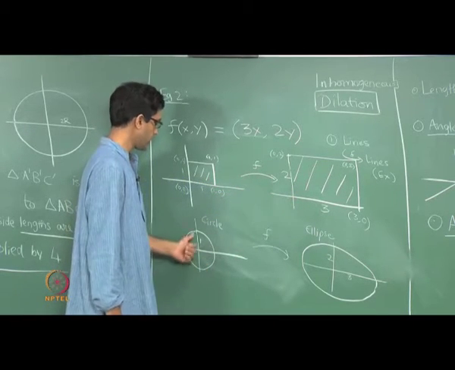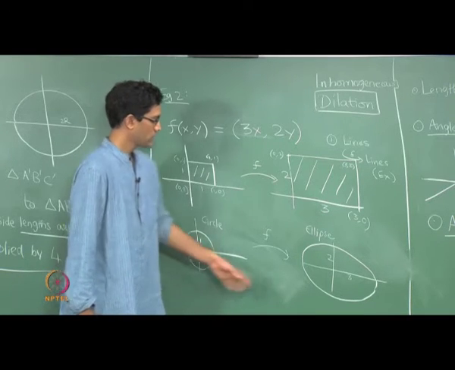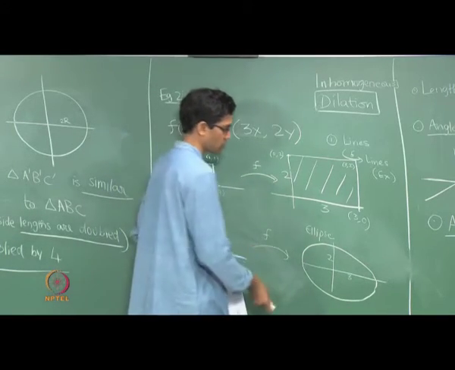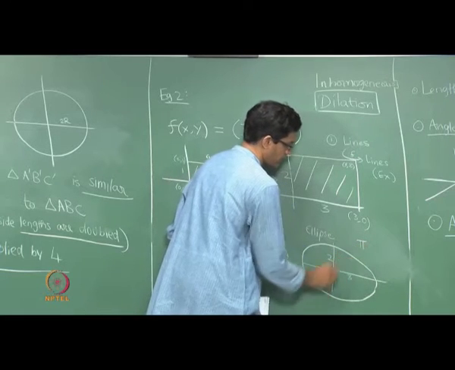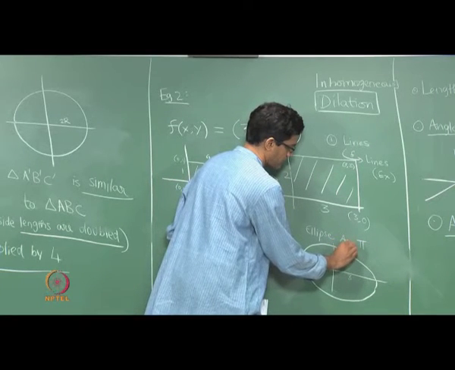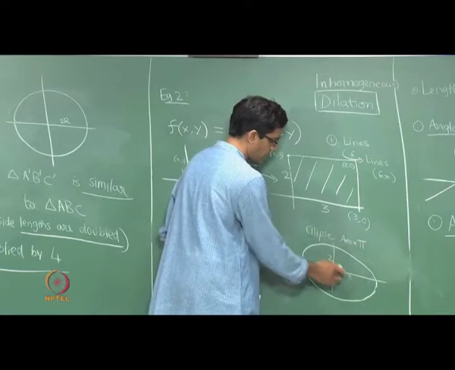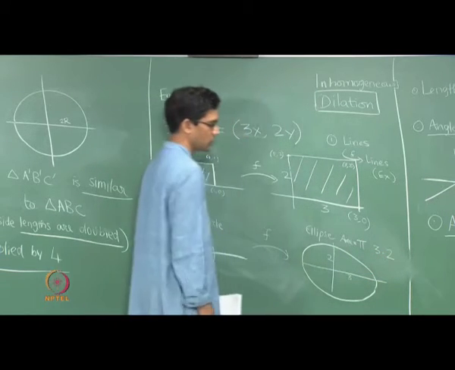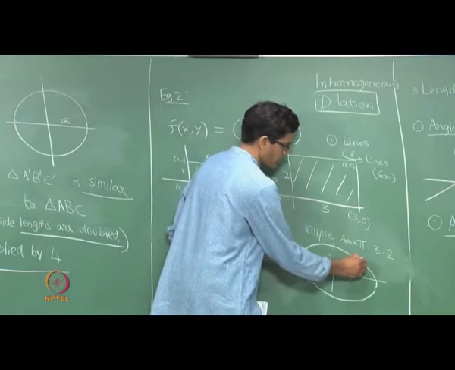Similarly, a circle here of radius 1 has area pi r squared, so it is pi, whereas the ellipse has area, well, it may not have a formula which is very well known, but the area of an ellipse, if you know the minor and major axes, turns out to be pi times, instead of r squared, a into b, where a and b are the minor and major axes. Okay, so in this case, the area of this ellipse is pi times 3 times 2, so that is 6 pi.